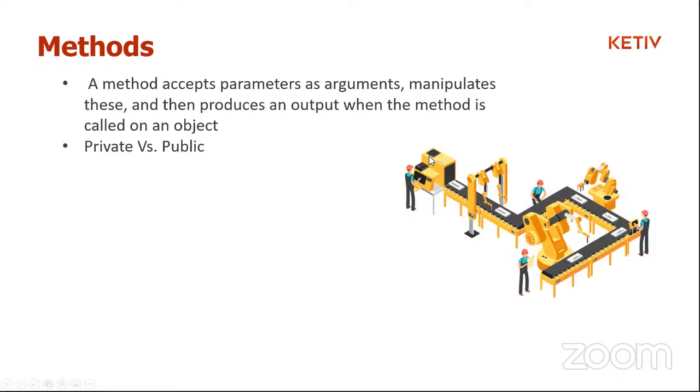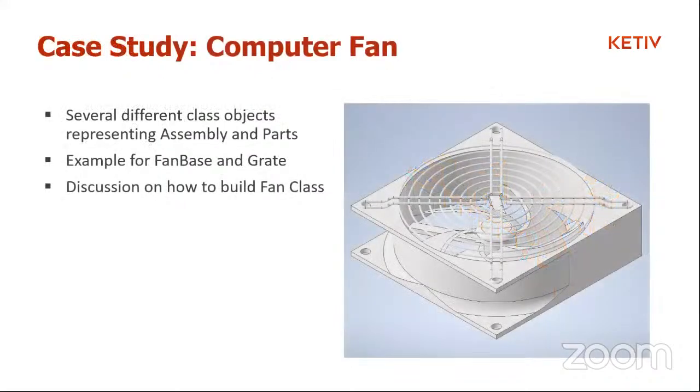This is what we use all the time. However, with methods, you want it to belong to a specific class, and only operate on that class. And once again, these can be private or public based on whether you want things accessible outside the object or not. So with all that theory and talking, let's jump into a case study with the computer fan.